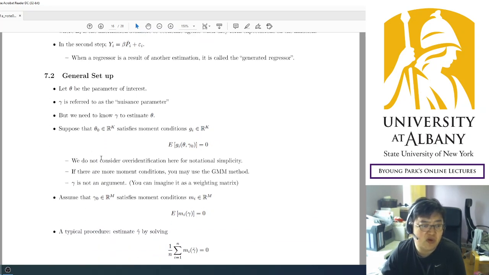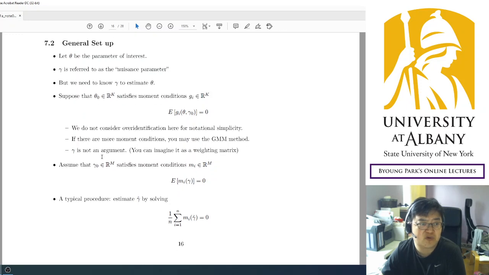So in the moment approach setup, theta satisfies these moment conditions if you knew gamma. If gamma 0, the true value of gamma, is known, then you may apply the GMM estimator, but it is unknown, so you have to estimate gamma first.